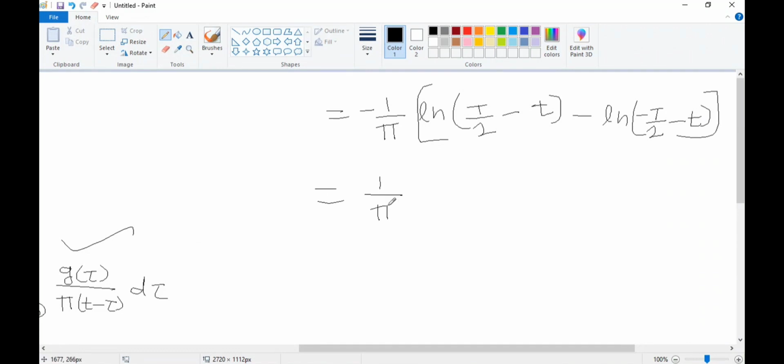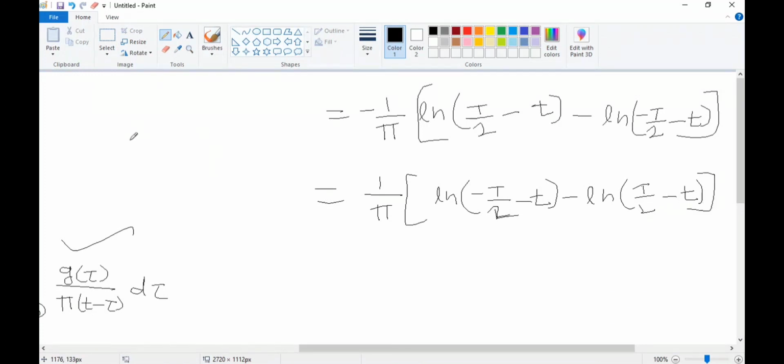So 1 by pi, it will become ln of minus t by 2 minus t, minus ln of t by 2 minus t.